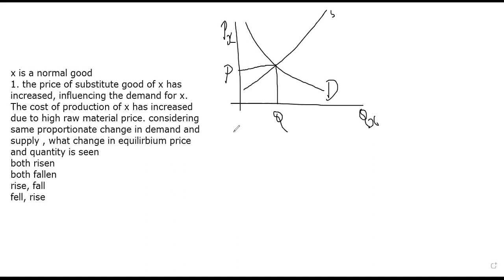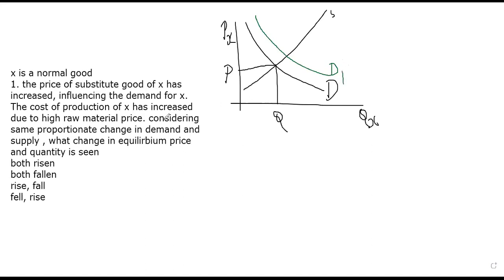Both rise. Okay. So the first case is the price of substitute good Y increases. To which direction will the demand curve of X shift? It will move to the right, right? Because the demand for a substitute good is positively related. So the price of Y increases means demand for X increases.